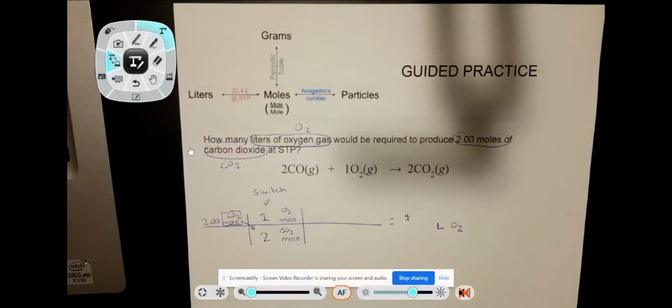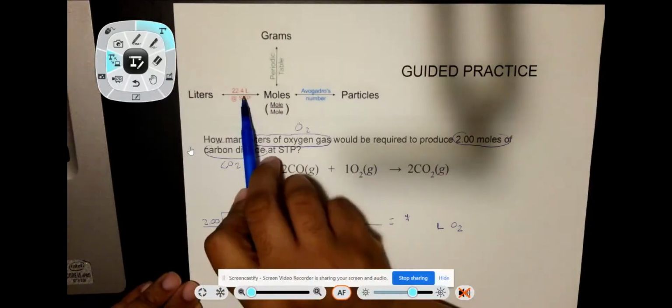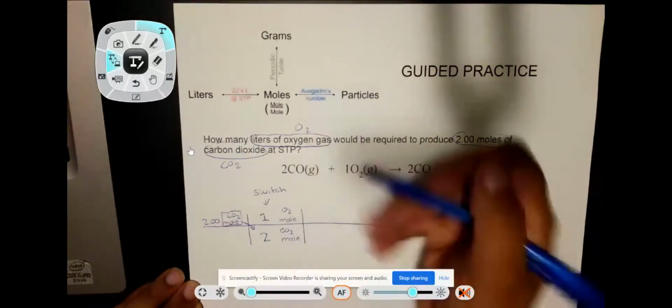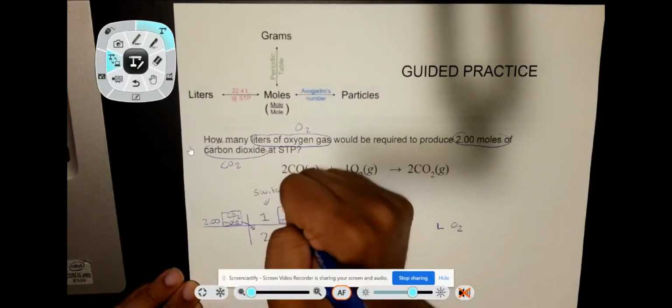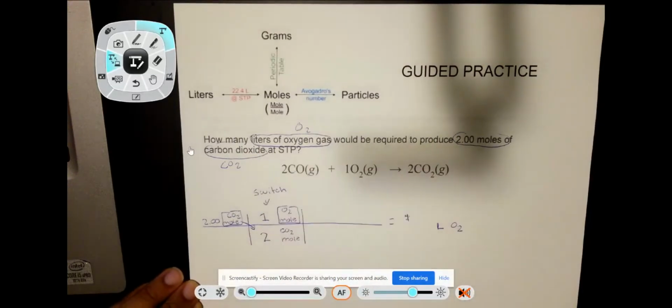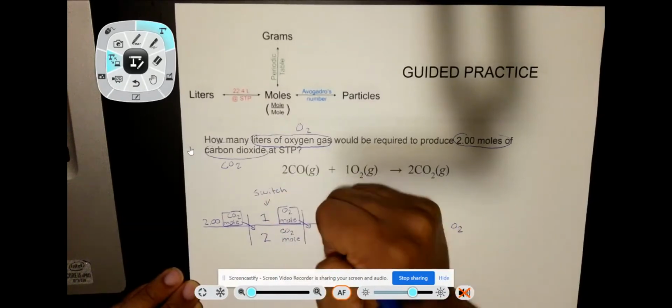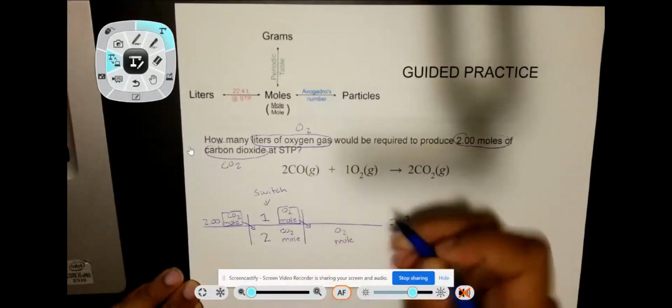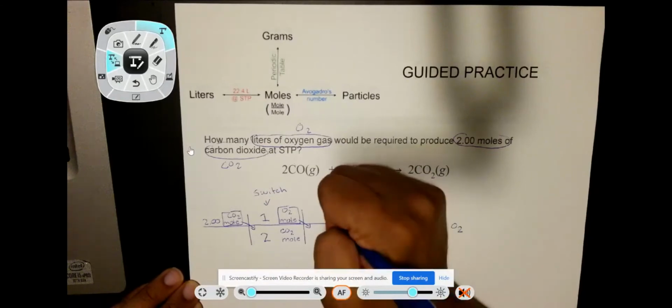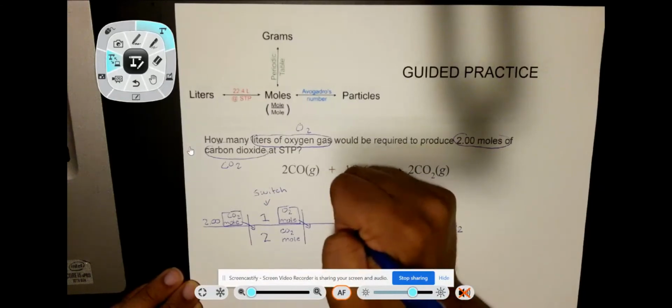So in order to do that, I'm going to use my conversion factor from moles to liters, which is that 1 mole equals 22.4 liters. So I'm going to take my units here, I have moles of oxygen, and I'm going to bring them down. And I want to get to liters of oxygen. So I'm going to have liters of oxygen up here.